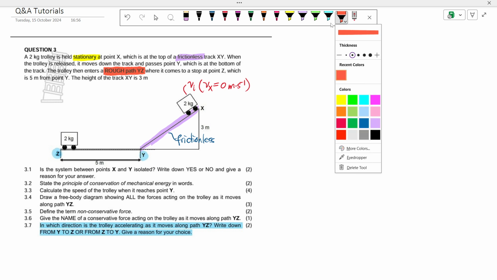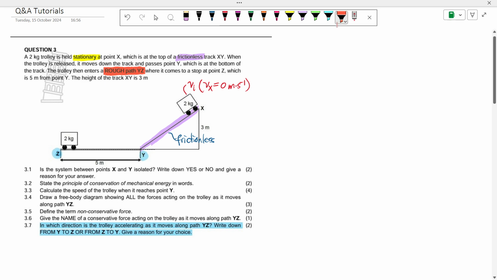It has kinetic frictional force, so we can just say it's going to have friction. So it's going to come to a stop at point Z, which is 5 meters from point Y. The height of track XY is 3 meters. Those two values are also shown in the diagram.